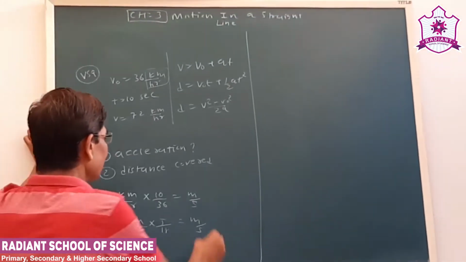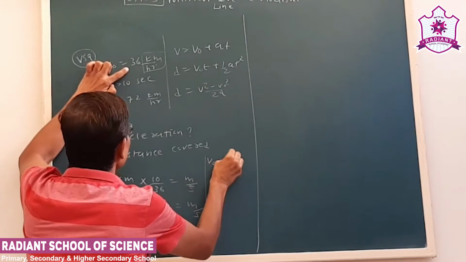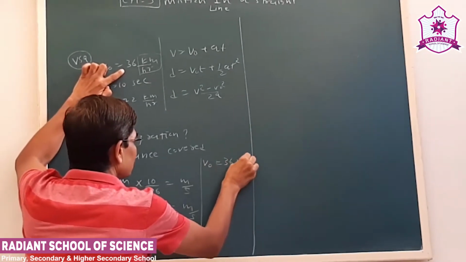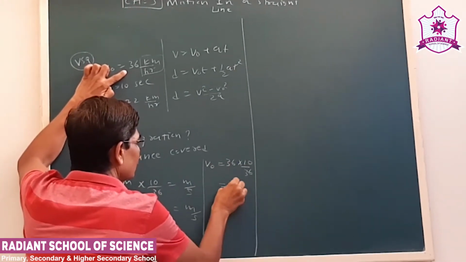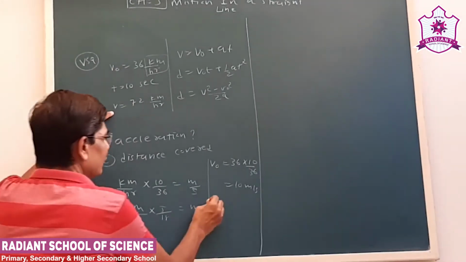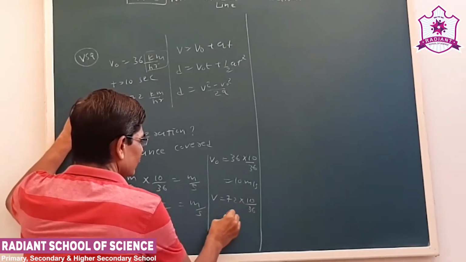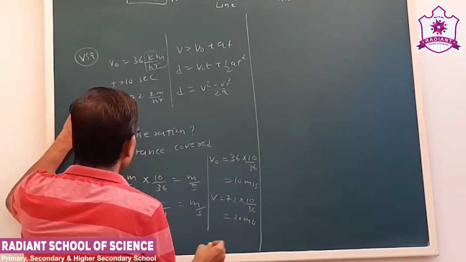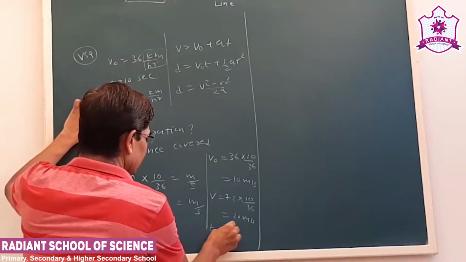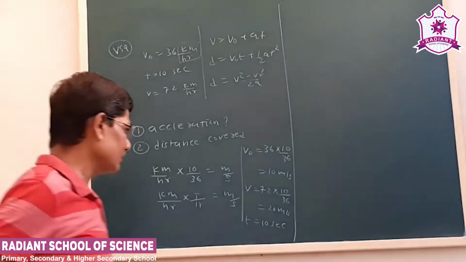Now here, the initial velocity v0 is 36 into 10 upon 36, that is 10 meter per second. The final velocity is 72 into 10 upon 36, that is 20 meter per second, and the time is 10 seconds. First we have to find out the acceleration.